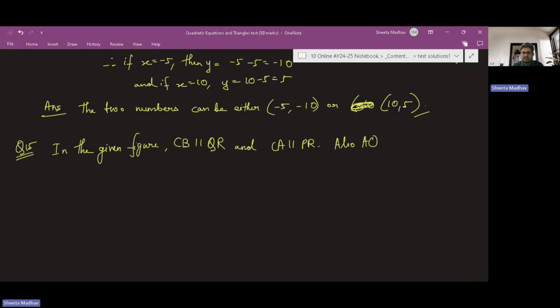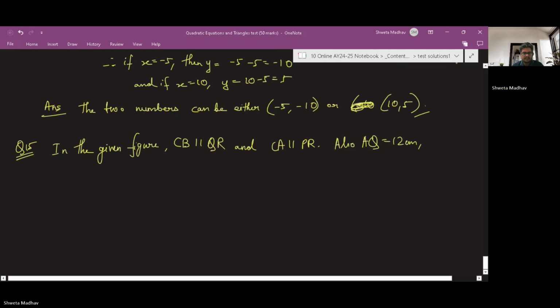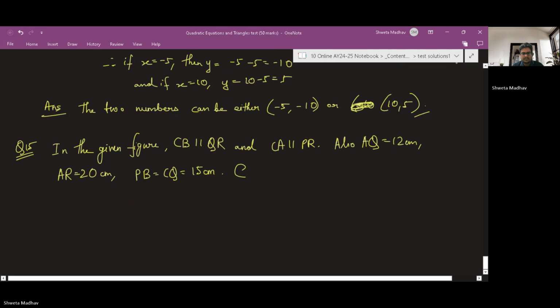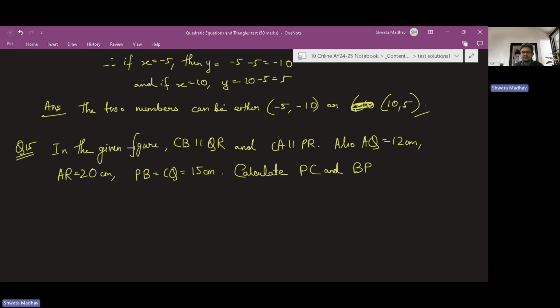Also, AQ equals 12 centimeter, AR equals 20 centimeter, and PB equals CQ equals 15 centimeters. Then calculate PC and PR.